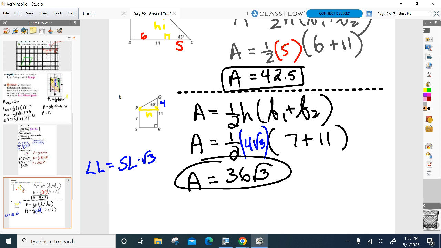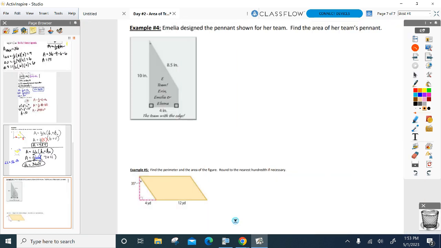One of my favorites coming up here. Amelia designed the pennant. Can we just talk about the pennant real quick? If anybody's spotting some details here, the E team: Aaron, Amelia, and Alina. Nobody in here would be joining the E team, correct? I had 2 people last class join the E team, but nobody in here can join the E team. If you don't know what I'm talking about, it's because your first name doesn't begin with E; that's the only way you're on the E team.